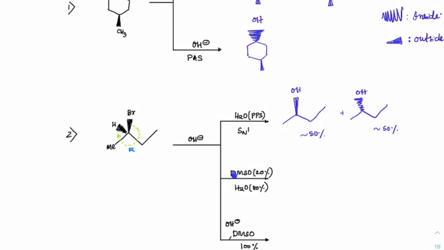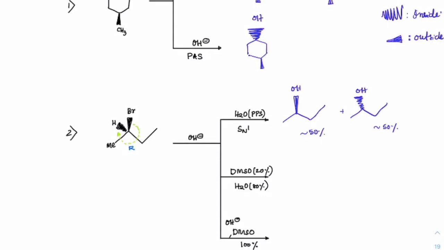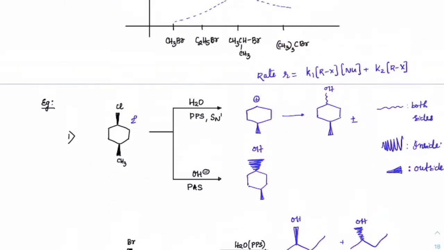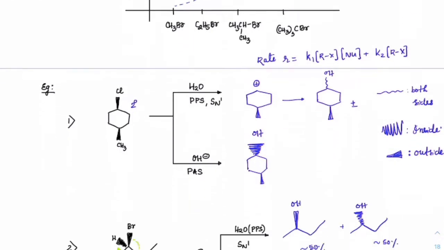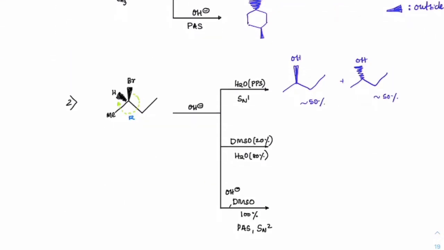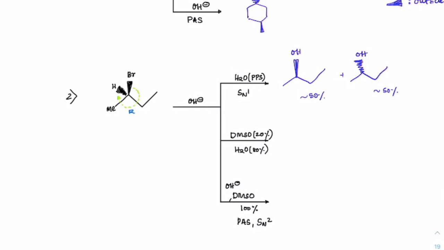In the presence of DMSO, still water is the nucleophile. So we will have both SN1 and SN2, but mainly the amount comes from SN1, because just now I told you the rate of SN1 is more than the rate of SN2. So therefore you can have both the products here.